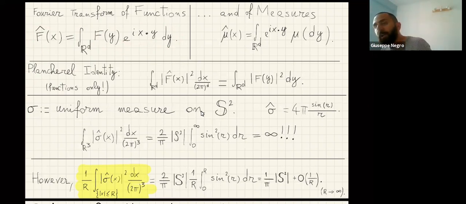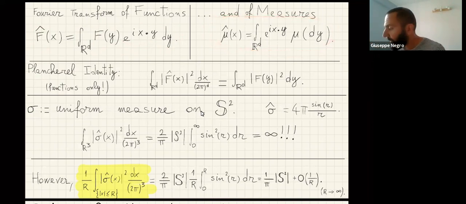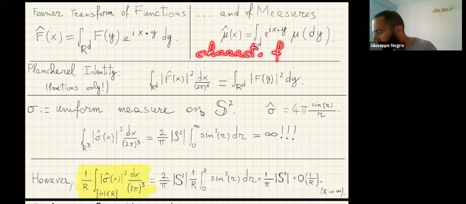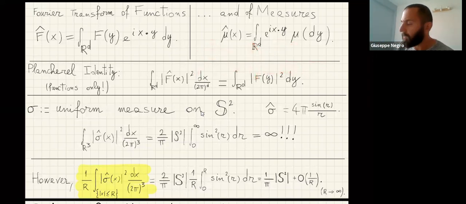You can do the same for a measure, and it's exactly the same object: you integrate a character against the measure. This is what in probability is called a characteristic function, but it's not important. Of course, here I am assuming implicitly some regularity on the measure. It should be Borel, with finite mass. I didn't write it to avoid overcharging the page with notation.